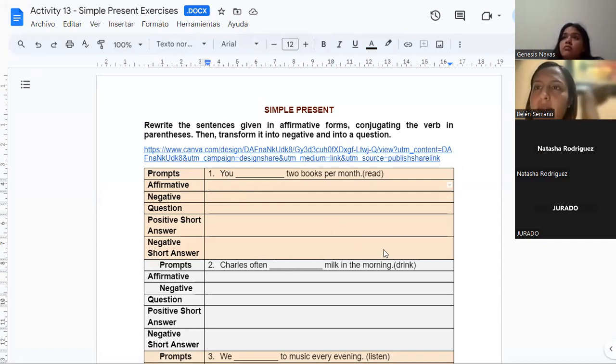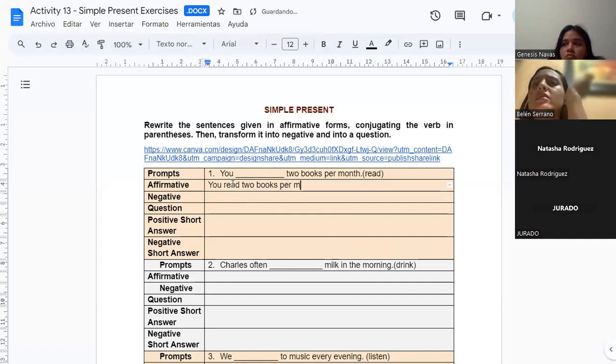Affirmative, you read 2 books per month. Negative, you don't read 2 books per month. Very good.